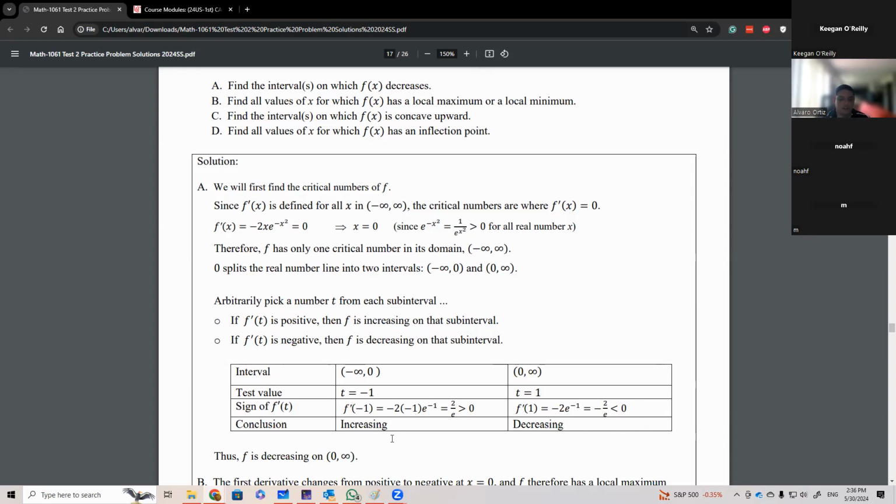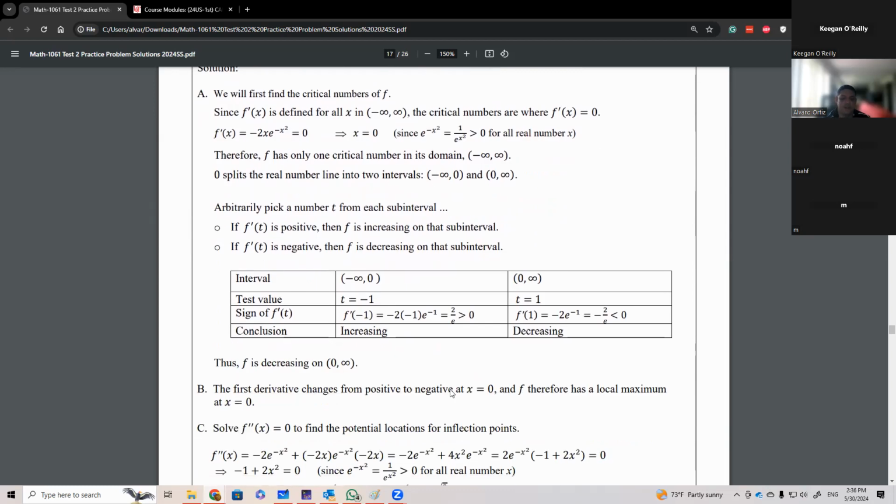So as you can see here, this is increasing, and then it decreases, so x equals 0 is actually going to be a maximum. We have an increasing function here and a decreasing function here. Remember, the critical points are points where increasing and decreasing values change.